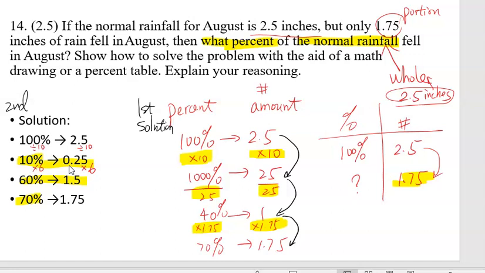So after we did these two operations, we're going to use these two rows and add these two amounts, 0.25 and 1.5. Correspondingly, we're going to add their corresponding percentages, 10% and 60%. That gives us the total of 70%. Again, the second solution might be a little difficult to see, so you can go with the first solution.